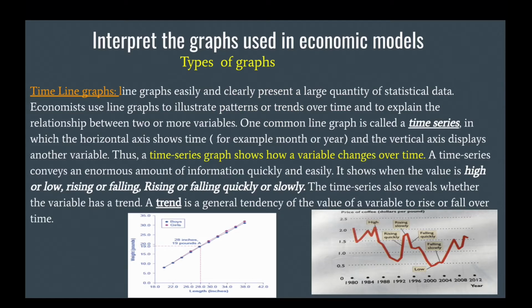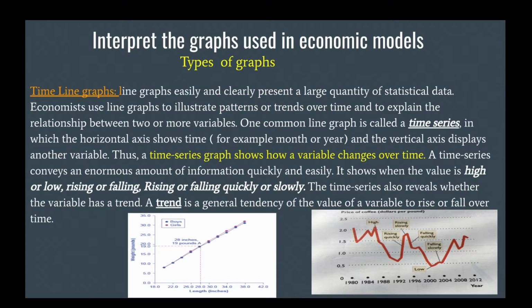A time series conveys an enormous amount of information quickly and easily. It shows when the value is high or low, rising or falling, quickly or slowly. The time series also reveals whether the variable has a trend. A trend is a general tendency of the value of a variable to rise or fall over time.